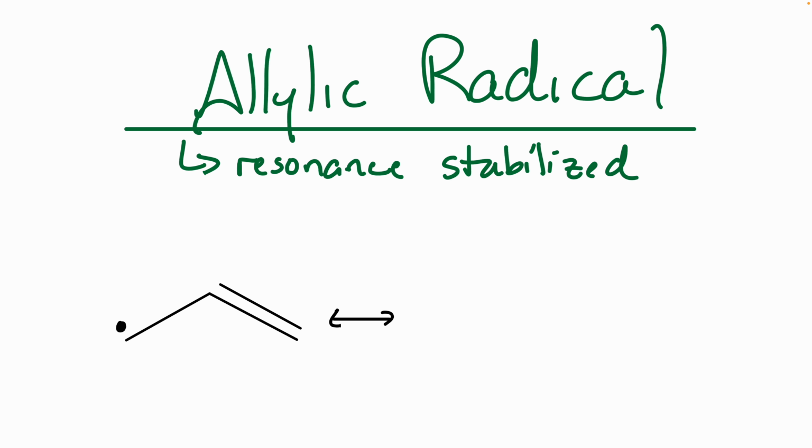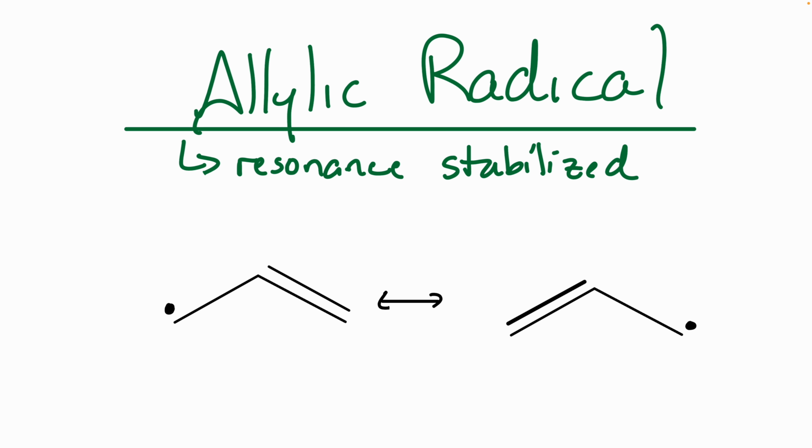My other resonance contributor is going to have that radical and that double bond swap positions, just like we saw with our allylic carbocation. The difference here is how I'm going to show the movement of those electrons. I have to use my fishhook arrows because I'm showing the movement of individual electrons. This electron is going to come down and form that new pi bond. Where's my second electron?